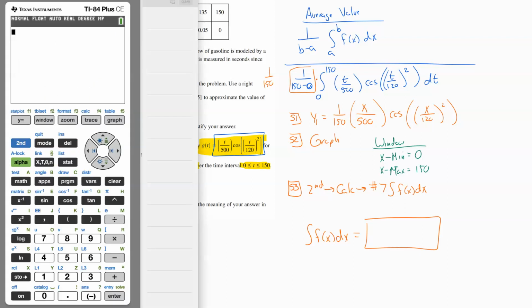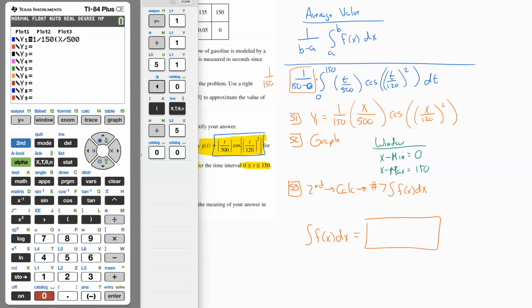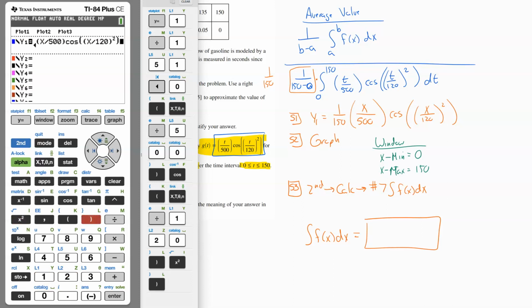Open up our calculator. Go to our y equals, type in our equation, 1 divided by 150, then parentheses x divided by 500, then cosine of x divided by 120, close that, square it, close the whole thing. Make sure I am in radian mode.